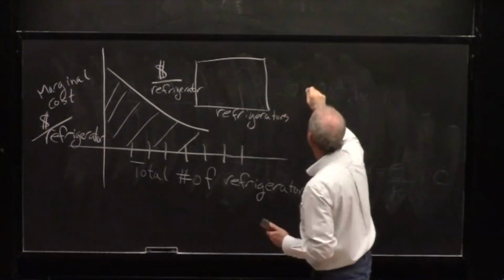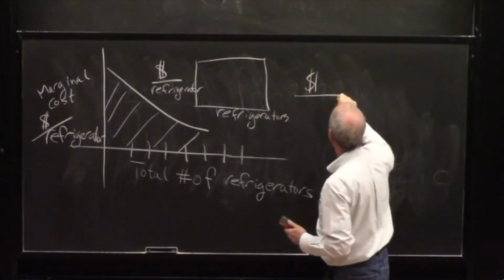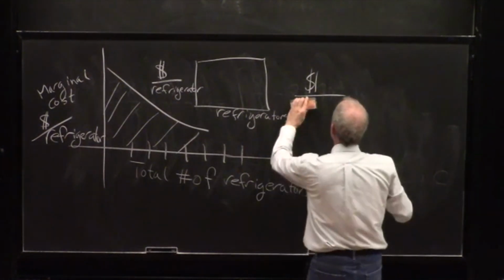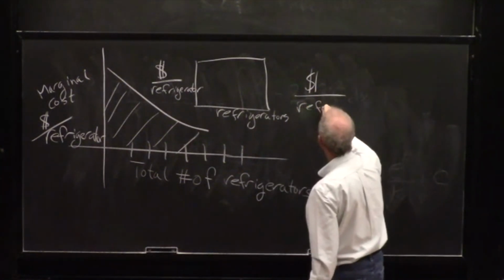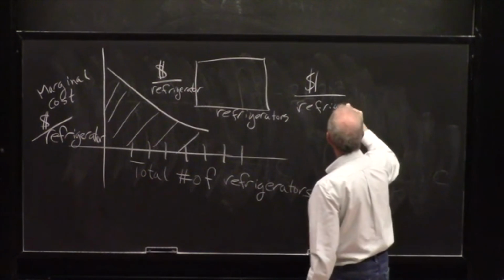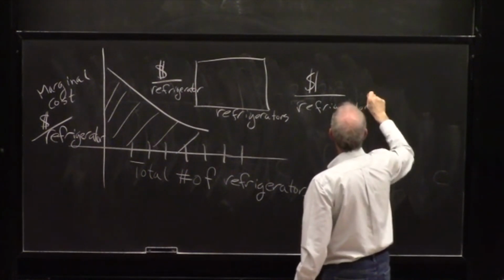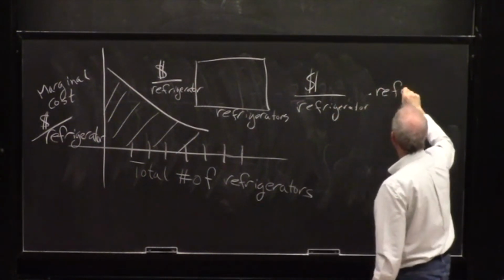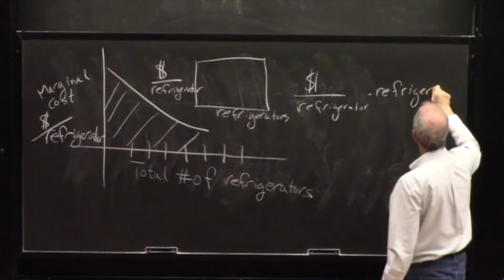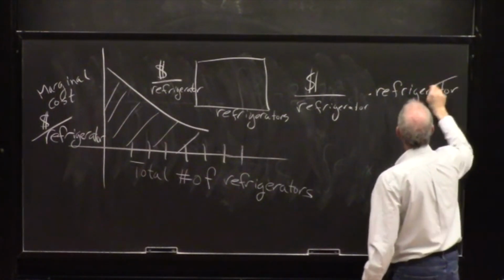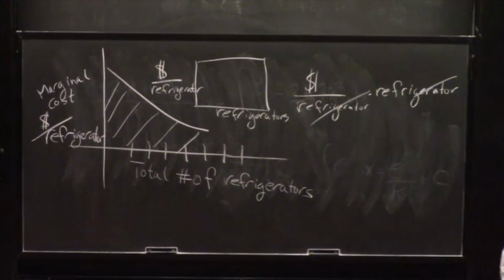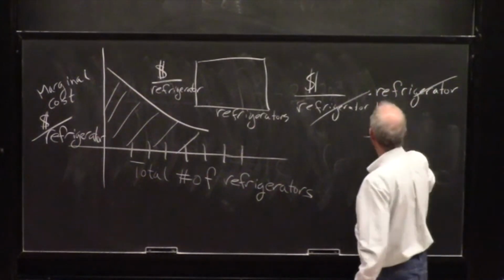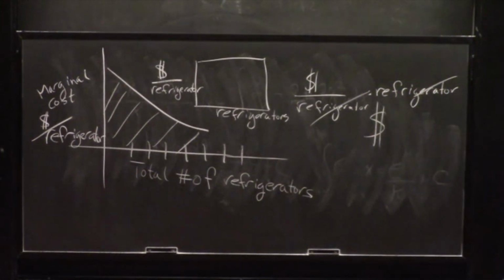So when you multiply those together, what happens to the units? Well, the fridges cancel, and you're just left with total dollars.